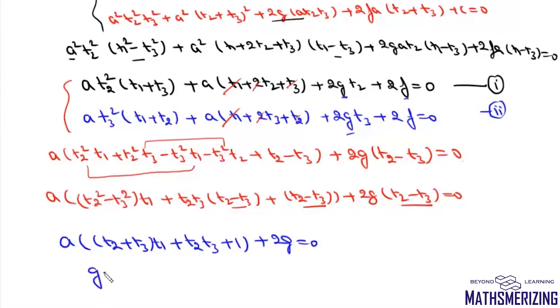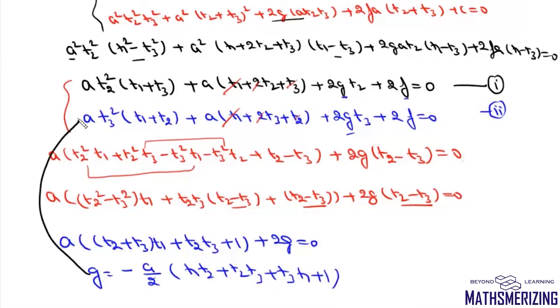So from here we'll write the value of g as minus a by 2, and this is (t1 t2 plus t2 t3 plus t3 t1 plus 1). If we substitute the value of g in this equation, then we'll get value of f, and value of f in this case it will be minus a by 2 (t1 plus t2 plus t3 minus t1 into t2 into t3).